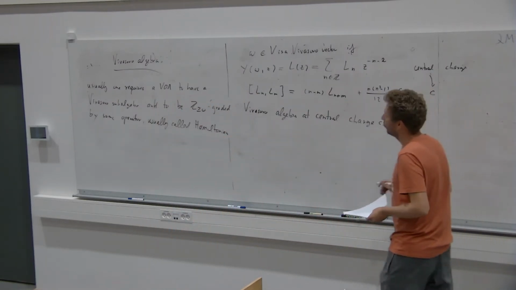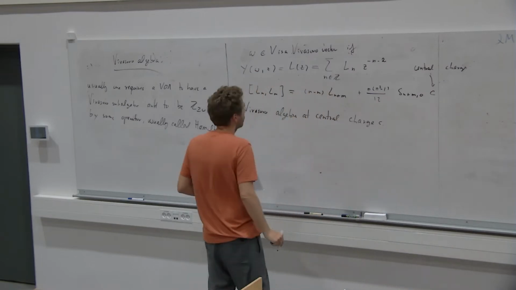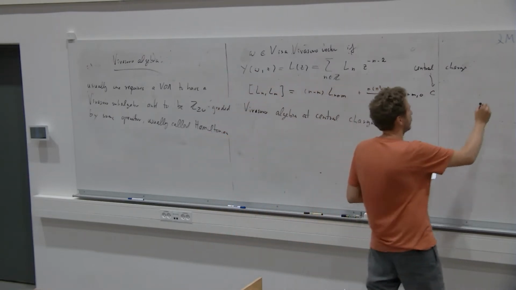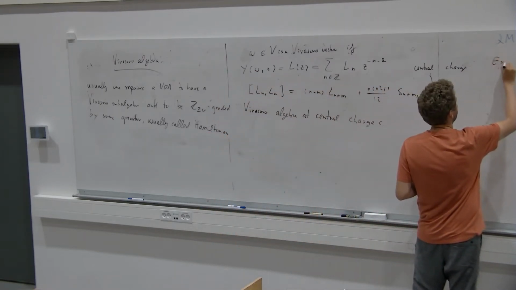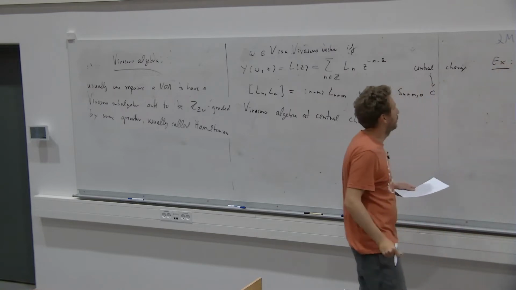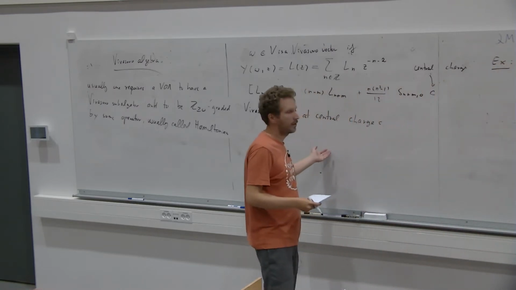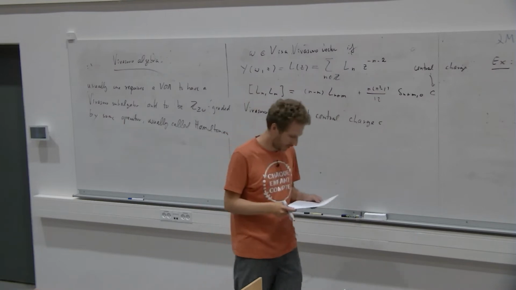Yeah, so usually one requires this, and let me give the example of an affine algebra, and then you see that it almost always has such a Virasoro element.